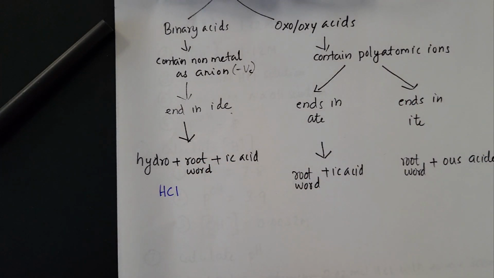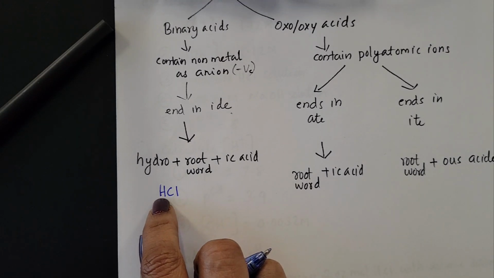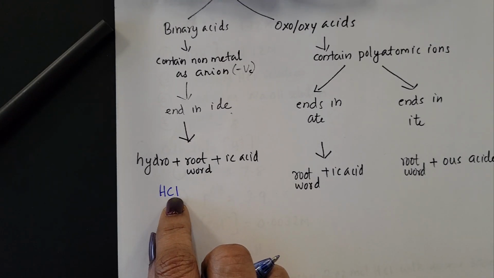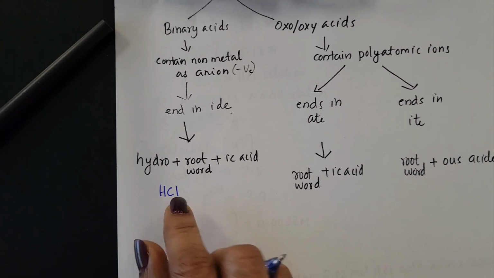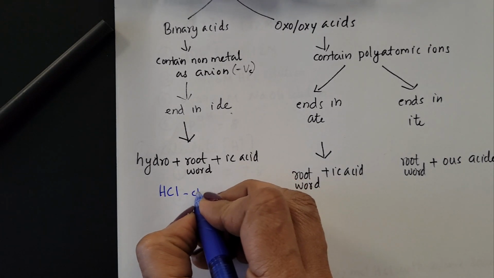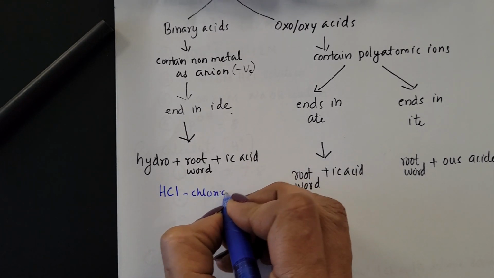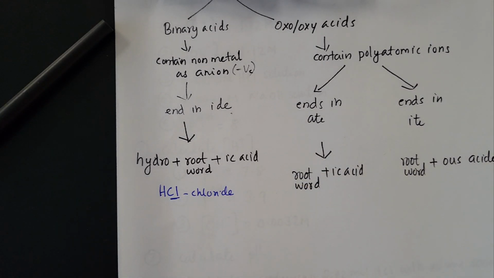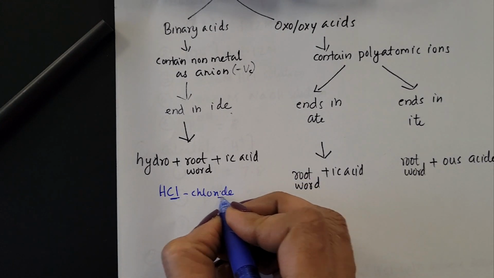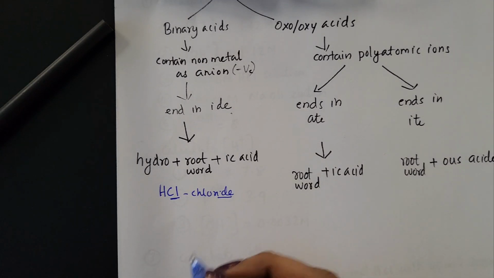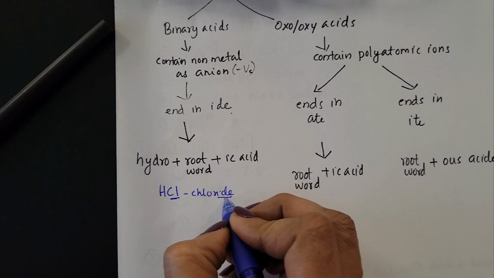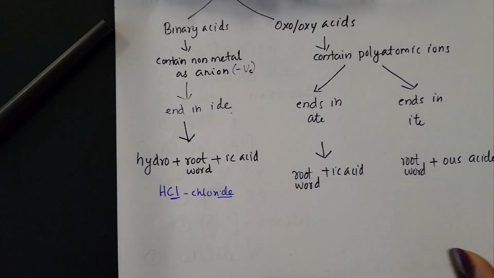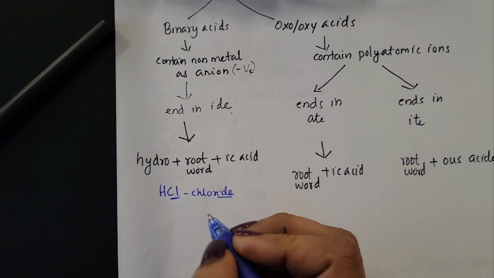HCl. So it has hydrogen at the beginning, so we can assume that is an acid and there is a non-metal here. So that is chloride. This chlorine, when it is a negative ion, ends in IDE, it is chloride. So you are going to replace this IDE with IC acid and this chlor is the root word.